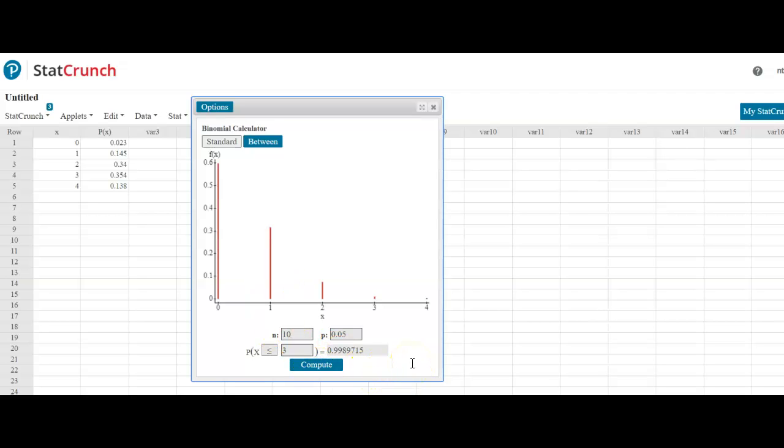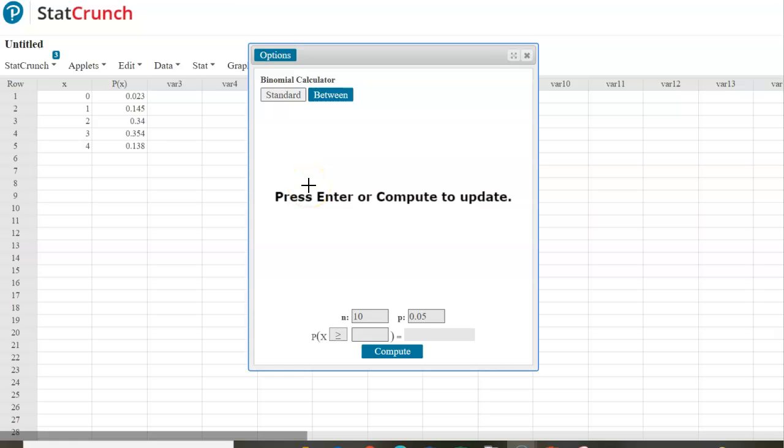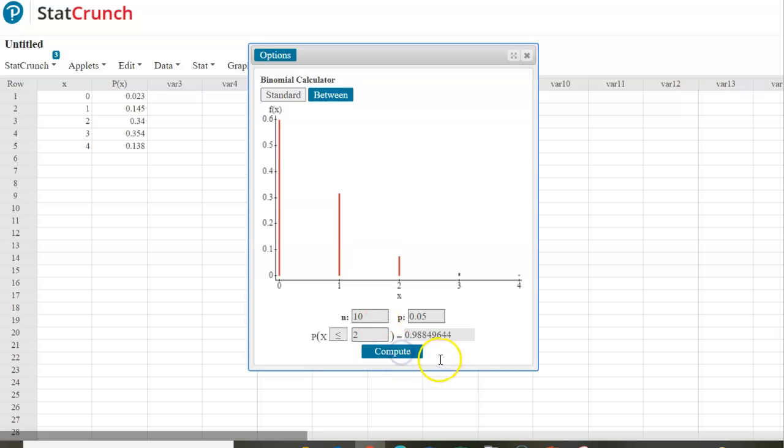The next question was the probability that no more than 2 are cashless. When you are using the phrase no more than 2, that means you want to add the probability of 0, 1, and 2. So I can do less than or equal to 2 and compute, and that probability is 0.988.